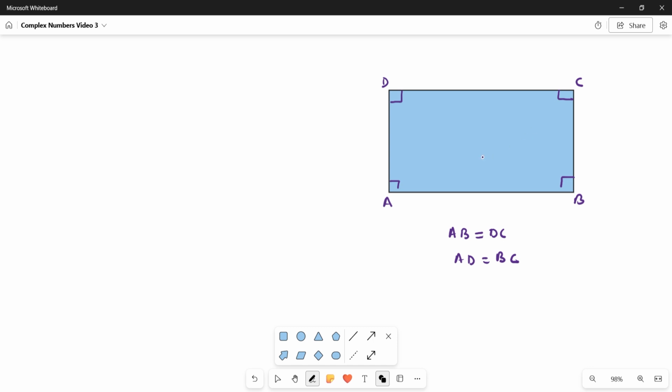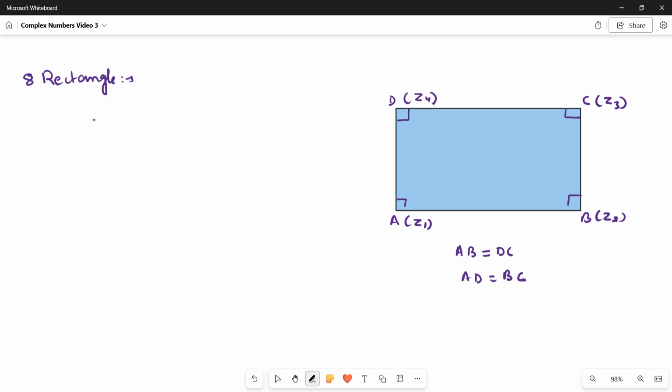And diagonals bisect each other. So let this be Z1, Z2, Z3, Z4.